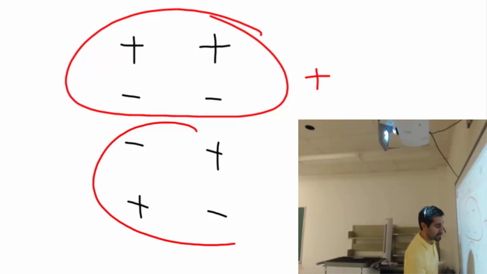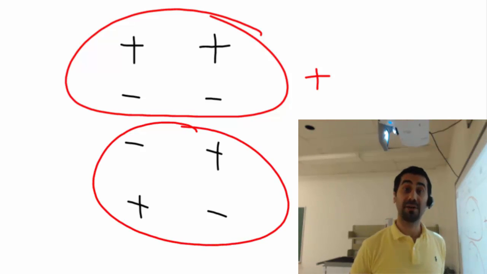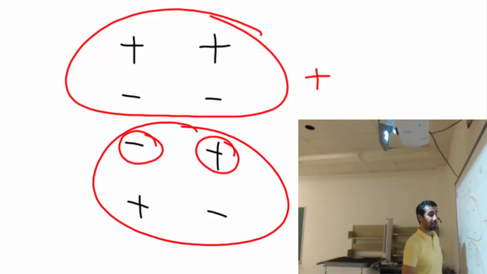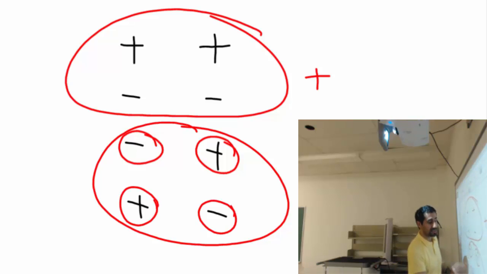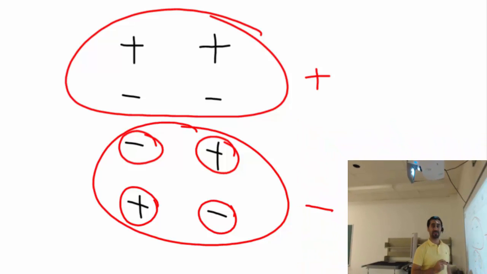Over here, we don't have two same signs. We have one negative sign here and one positive sign there, or the other way around, positive sign first and negative sign after. When you have two different signs to deal with, you're going to end up with a negative sign.